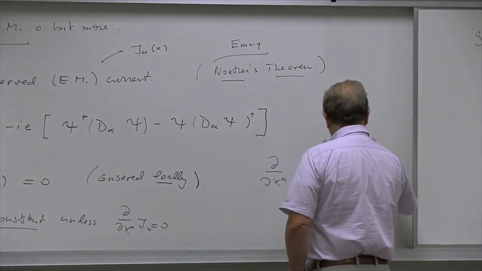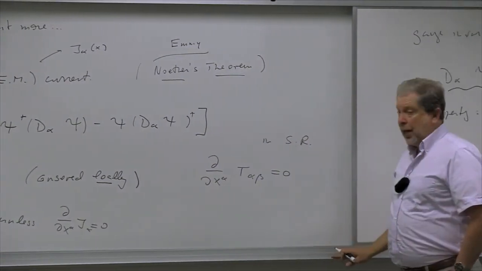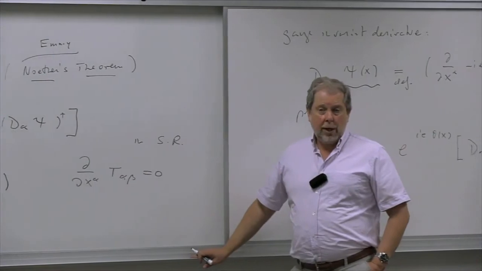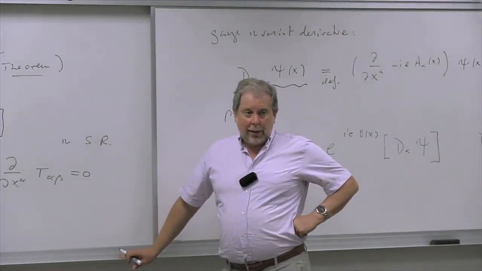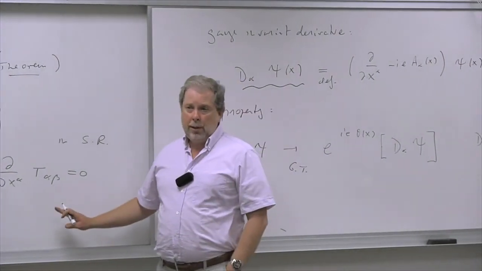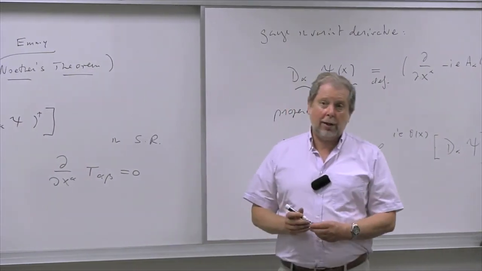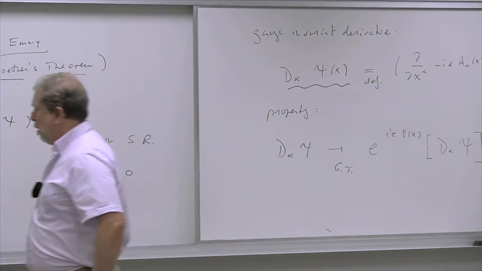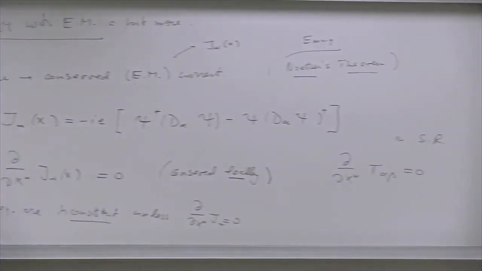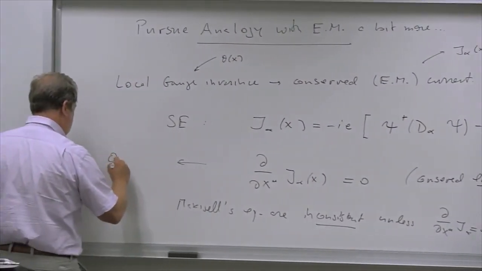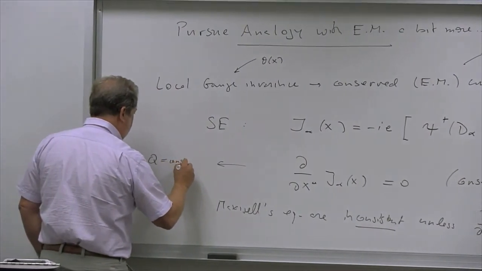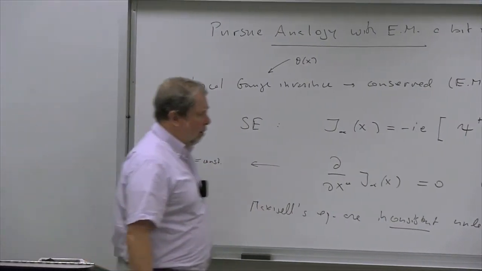So in special relativity, we had that this tensor was conserved. And as a result of that, the naught component, which is the total energy and momentum, are also constant, just like the charge is conserved here. This equation implies that Q is equal to constant; its time derivative is 0.